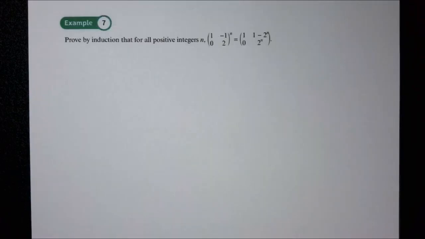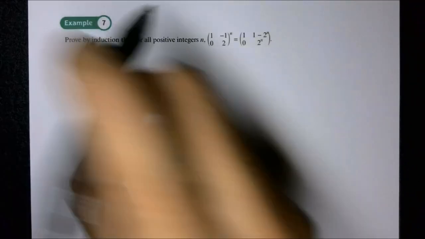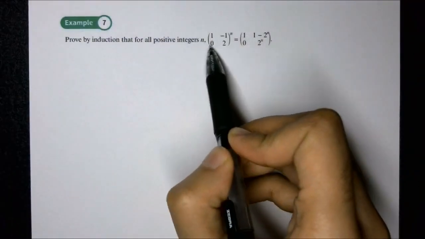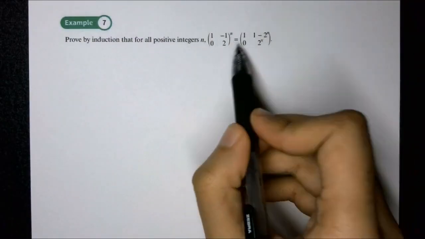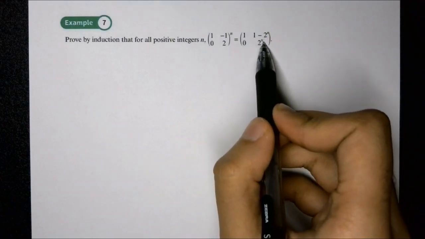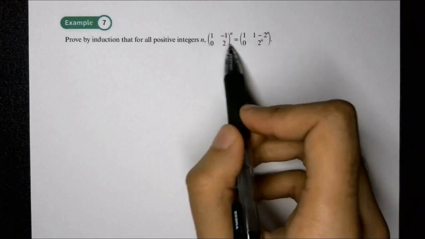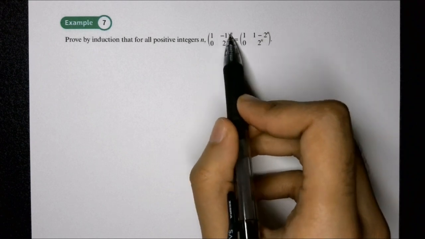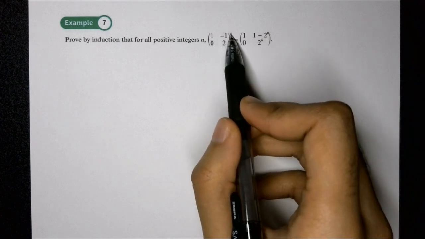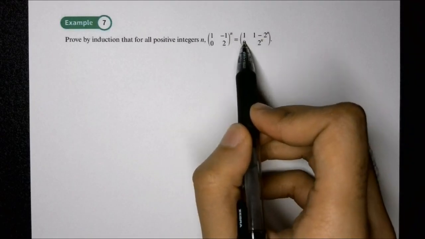Example number 7, we have to prove by induction that for all positive integers n, the matrix 1 minus 1, 0, 2 to the n equals 1, 1 minus 2 to the n, 0, 2 to the n. Now, just as we saw with the series proof by induction, our goal over here is to replace the n with k plus 1 and show the left hand side is equal to the right hand side.